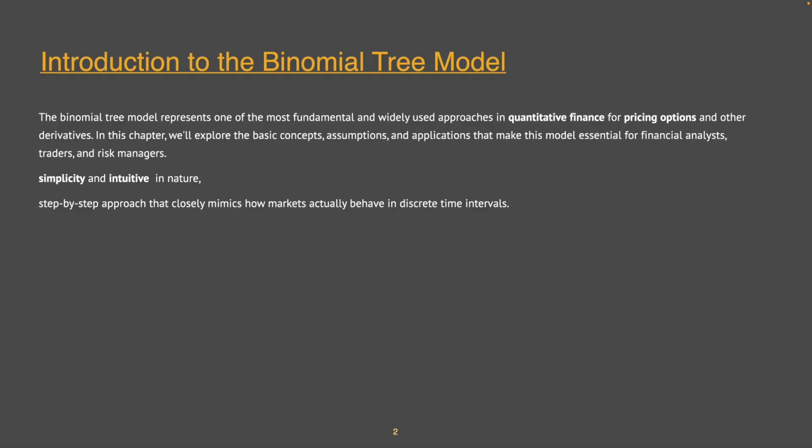We will understand this. See, the binomial tree model always gives two branches: a probability of an up move and a probability of a down move. So in the real world also, the market can either move up or it can move down.